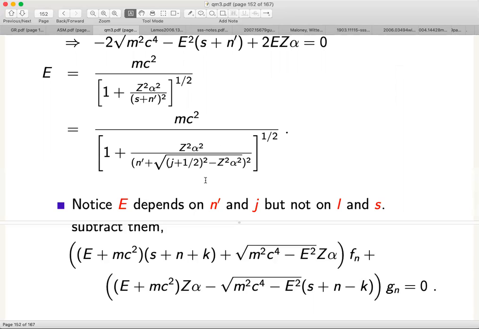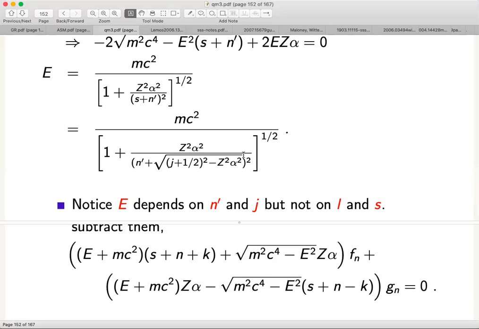So then you have n prime plus this s, which is the square root of this quantity, and this entire bracket squared. This is a bad notation, so I will do a better job with this next time and correct it.